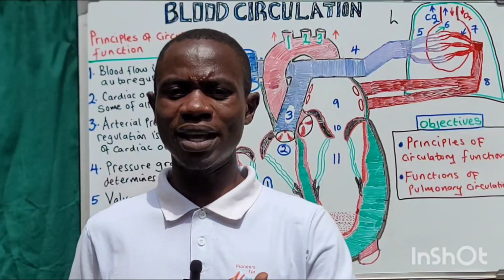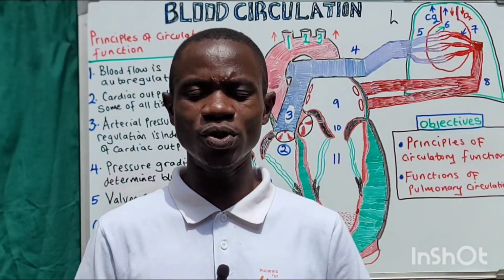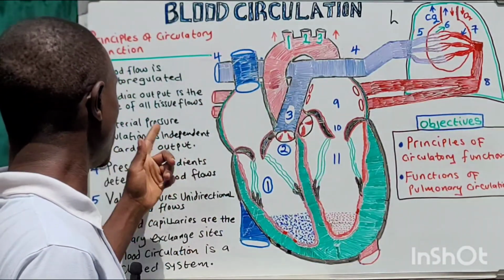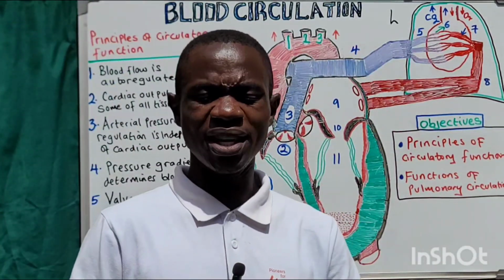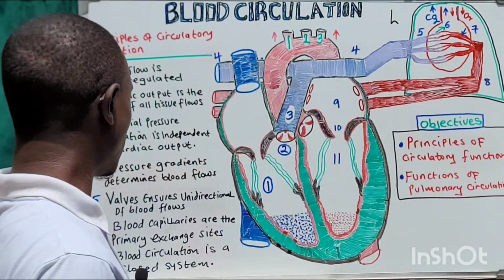And of course, when you increase the heart rate, you are increasing the cardiac output. Once you increase the cardiac output, you are increasing the blood pressure. So by doing all that, the arterial pressure regulation is independent of the cardiac output. It is such another beautiful thing.